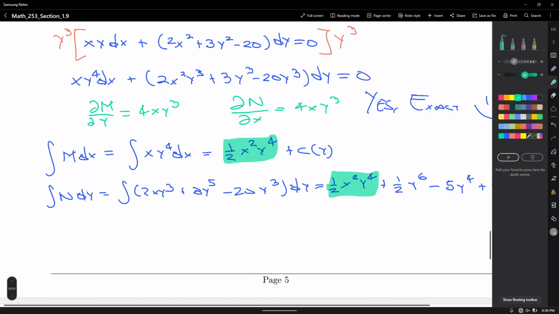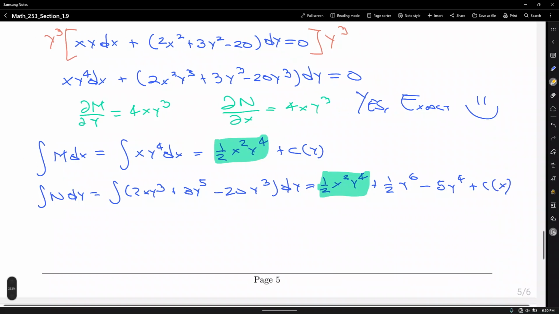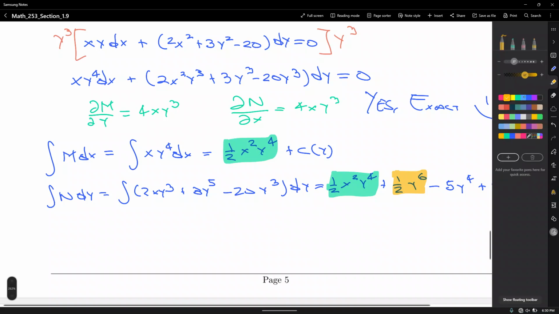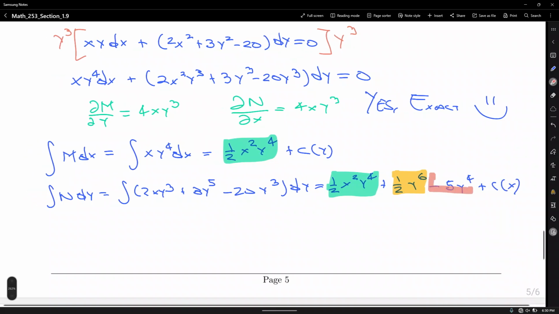How about 1/2 y to the 6? Do you see another one of those? I think that's the only one. What about the next, negative 5y to the 4th? Do you see another negative 5y to the 4th? That's the only one.